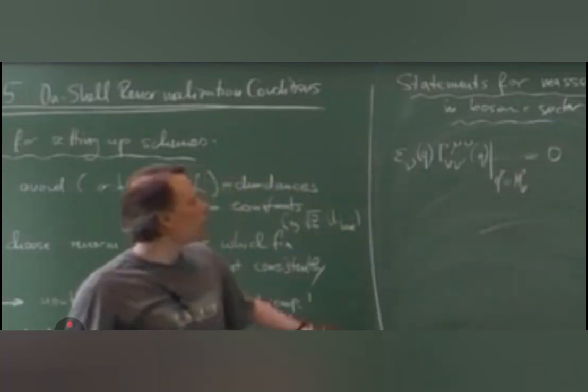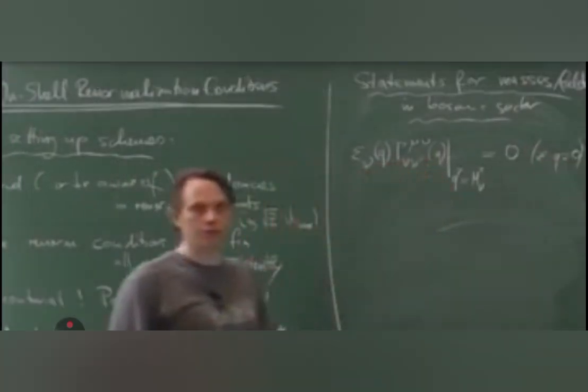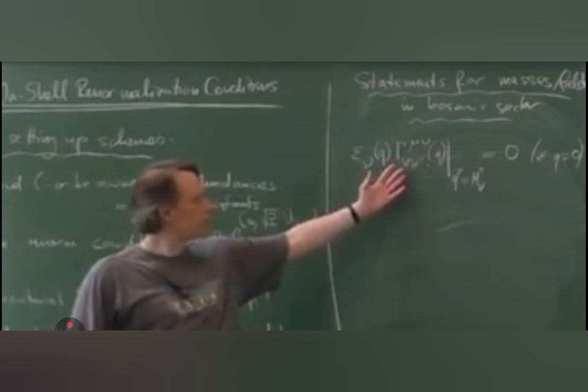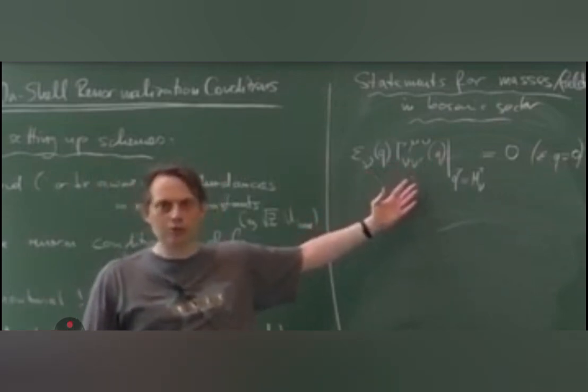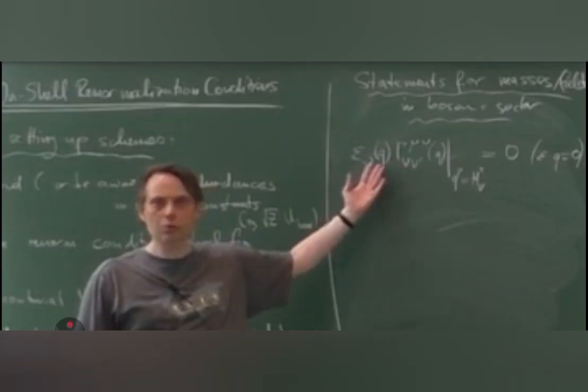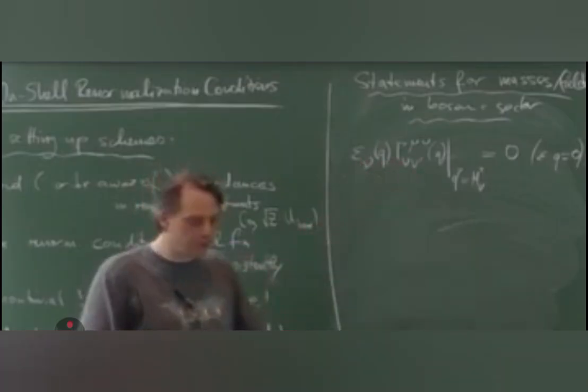This epsilon is a polarization vector which is transverse, and so this condition basically is only a condition for the transverse part of the vector boson self-energy, whereas the longitudinal part is completely projected away. There is no condition for the longitudinal part.